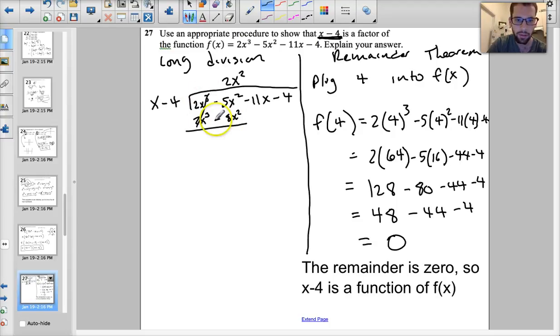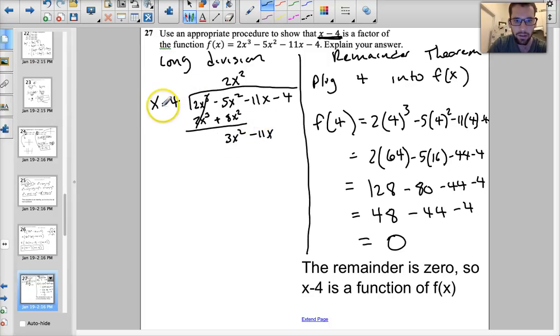I subtract, so those cancel. Negative 5 minus negative 8, well, that's like adding 8. So this gives me a positive 3x squared, bring down the negative 11x.